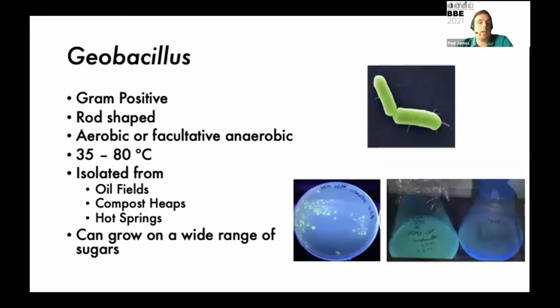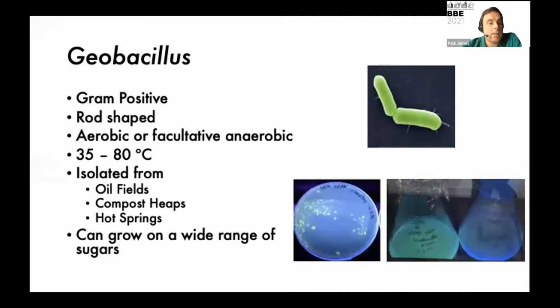So one of the organisms I'm interested in is Geobacillus. It's rod-shaped, gram-positive, aerobic or facultative anaerobe, and it's usually found in thermophilic environments. A lot of enzymes for biotechnology were originally isolated from there because it had a lot of interesting functions, but also from the thermophilic standpoint.